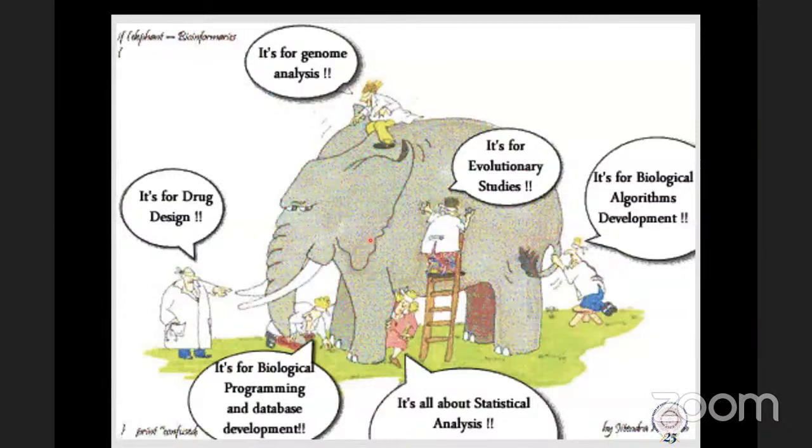So this is a cartoon. You can see somebody says it is used for drug designing, because it is highly used for the discovery of lead molecules, which will further translate into a potential drug. And for somebody else, it is genome analysis.